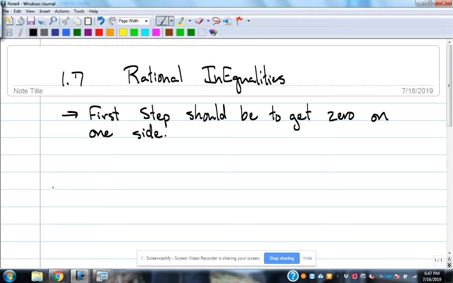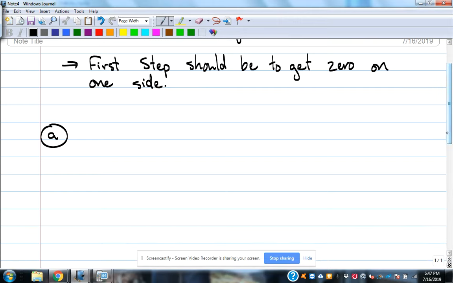So let's start with an example where they're not going to get crazy hard on the polynomials that are involved, just because it takes a while to do this anyway, and you've got a little bit of an extra step here because it's an inequality. So let's take just 6 over x minus 3 is greater than or equal to 4. Real simple one to start off with.